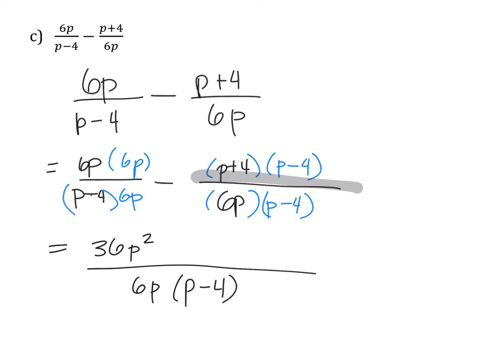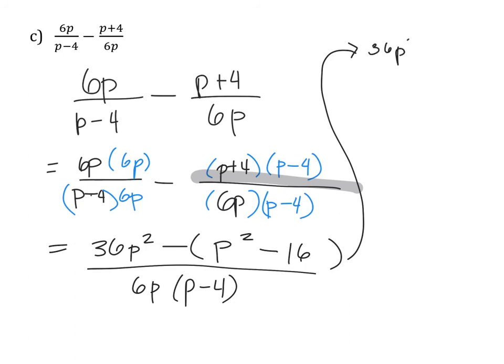So this minus p plus 4 times p minus 4, I know because of the difference of squares, it's going to be p squared minus 16. What I'm going to do from here, distribute this negative sign, which will give me 36p squared minus p squared plus 16 over 6p times p minus 4.